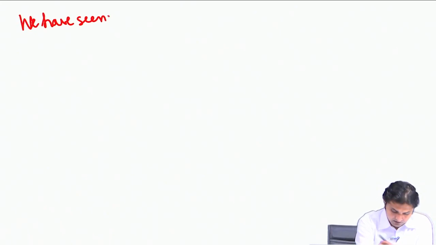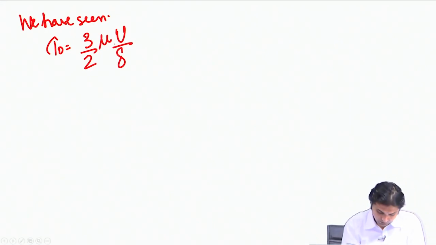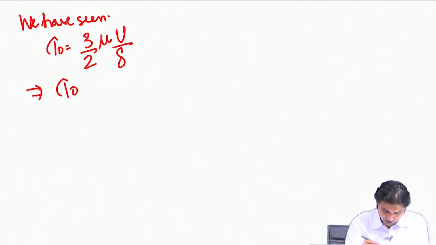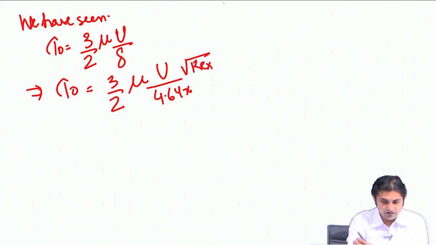We have seen that tau naught is equal to 3/2 mu capital U by delta, which implies tau naught is equal to 3/2 mu, capital U will remain capital U, but delta is the equation we had derived, 4.64x under root Re of x.